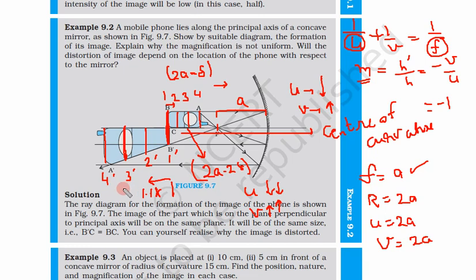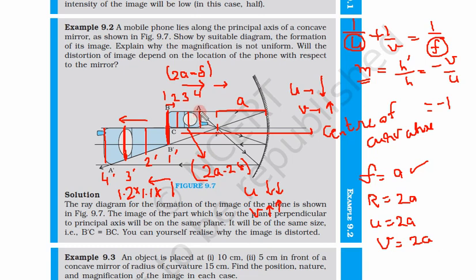Let us write this is 1.2x. So magnification is further large. And what would be the position? As u is going this side, v will be going on the left side.